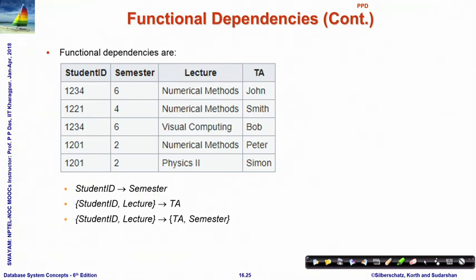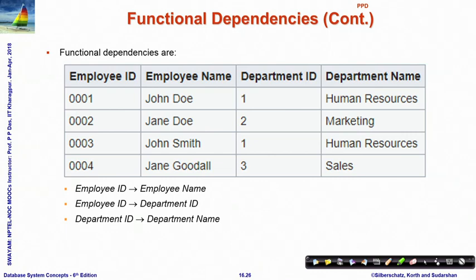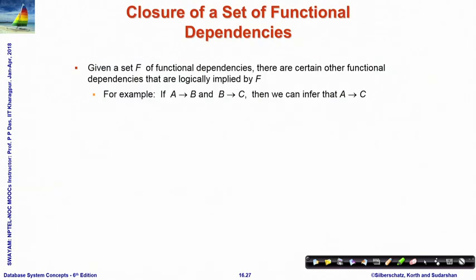And you can see for this particular relation, the student ID and lecture pair also happens to be the candidate key. These are other examples. Just go through them, and try to convince yourself that these functional dependencies are very genuinely real world situations that can be modeled in this way.